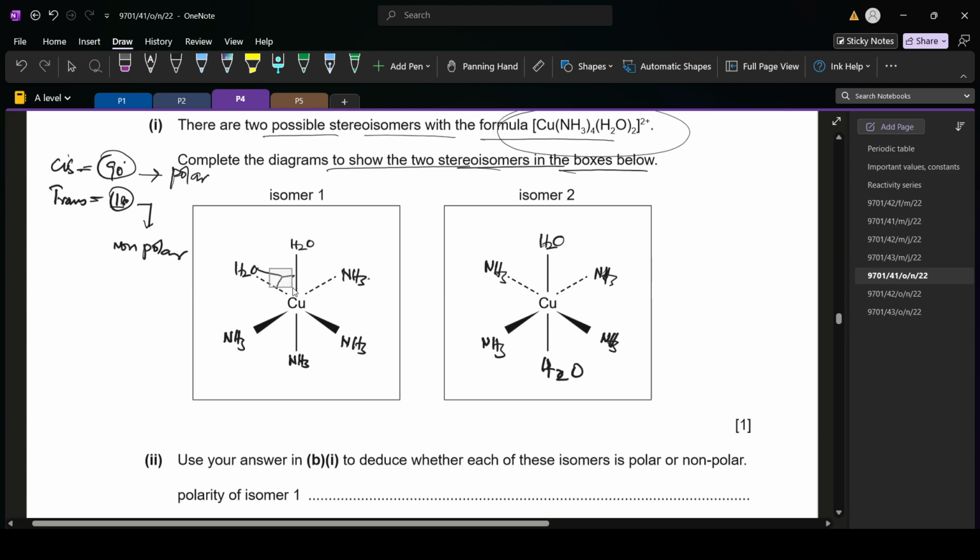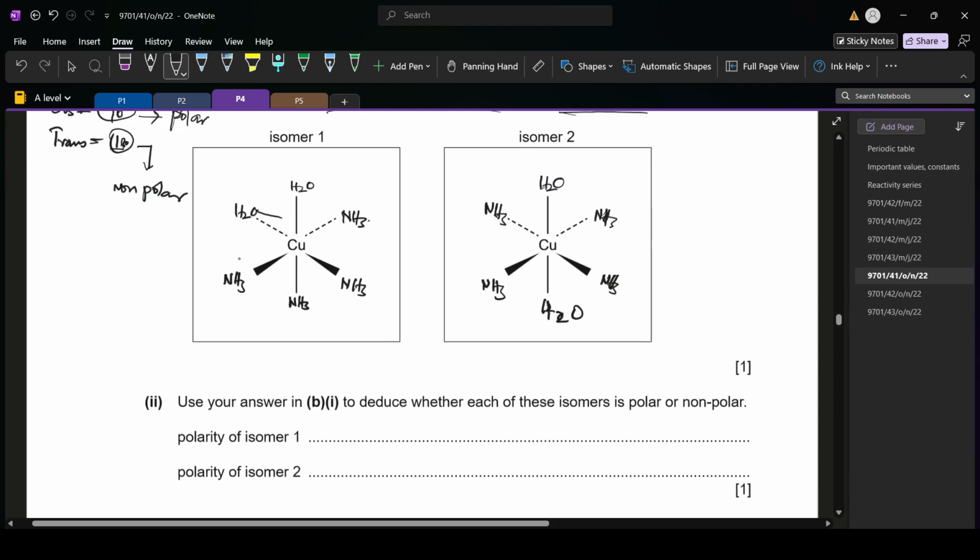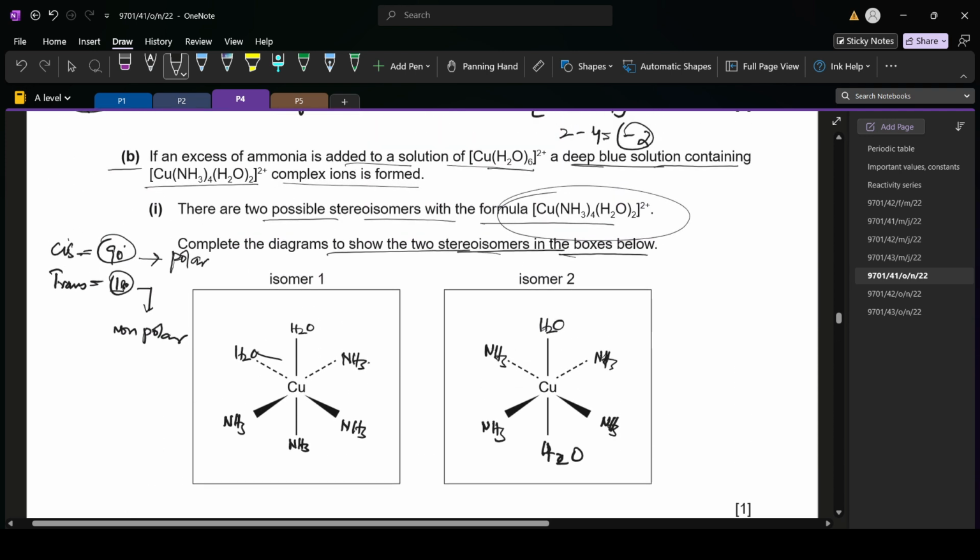I hope you understood. And here you can see that the polarity is not cancelled out. So these are your structures, the possible isomers. This is cis, and this is trans. You are not required in this part to tell whether it is cis or trans. You just have to draw this.